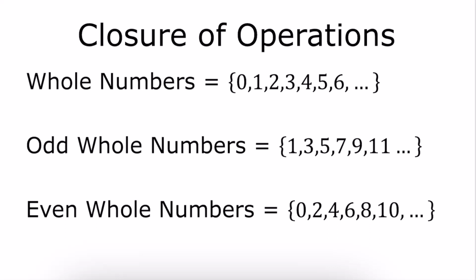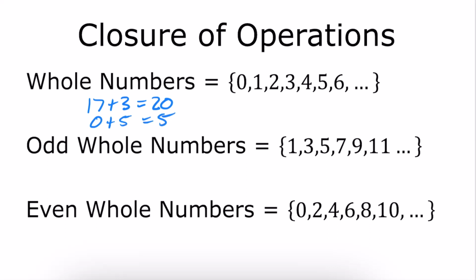Say, for example, that we have the set of whole numbers. If I choose any two whole numbers and add them together, let's say I did 17 plus 3, that's going to equal another whole number. And regardless of what two whole numbers I choose, I could choose 0 plus 5, that still equals a whole number.